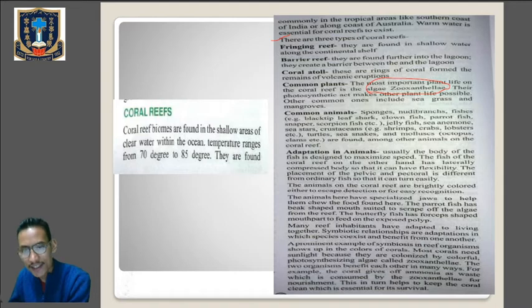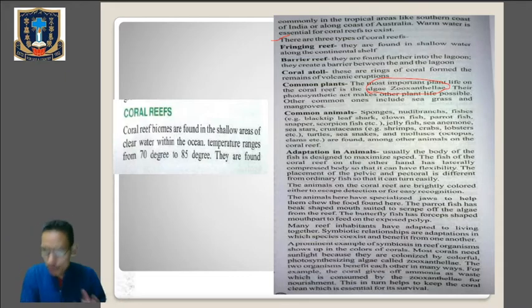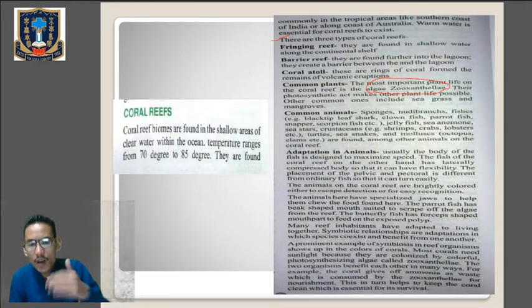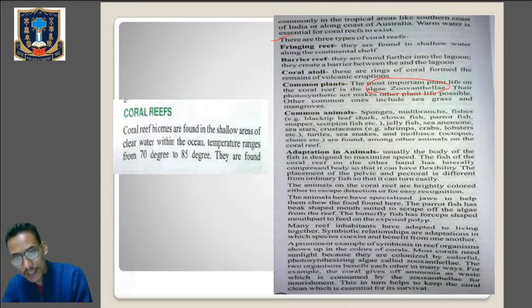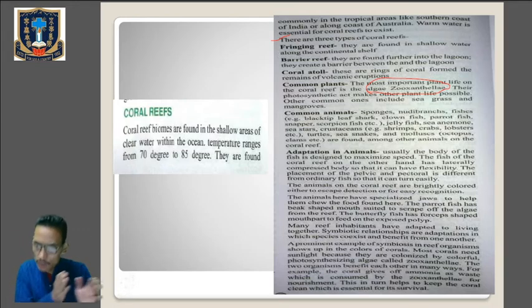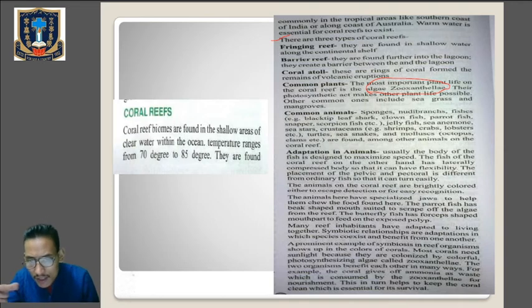In turn, this helps to keep the coral clean, which is essential for its survival. The coral is giving out ammonia as a waste product, which is being utilized by the zooxanthellae, and this helps the coral stay clean and survive.